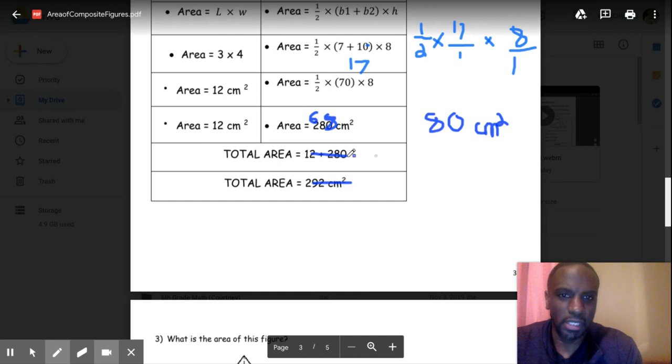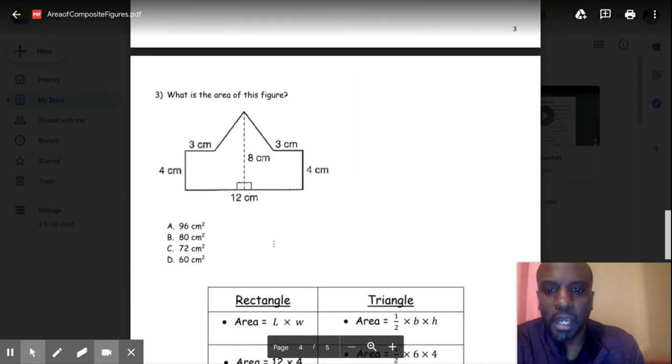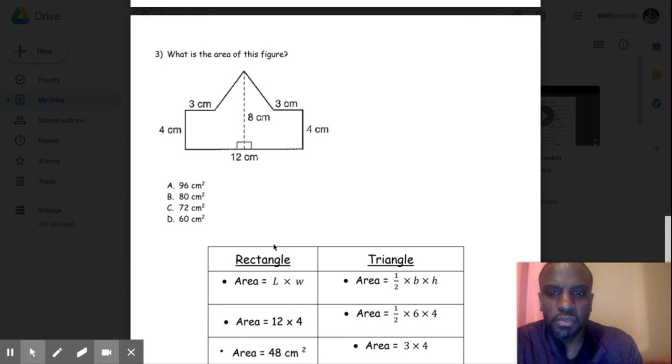Cool. It should be 68 plus 12. 68 plus the 12 that's right here. That gives you a total of 80, okay? Good. Okay, here we go. Let's keep going. This is a tricky one. First of all, what do you see?